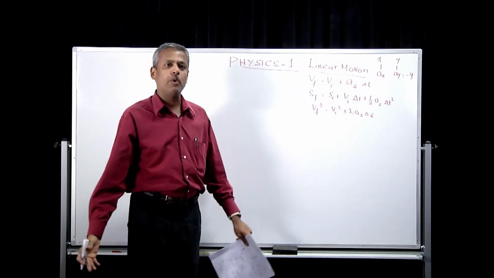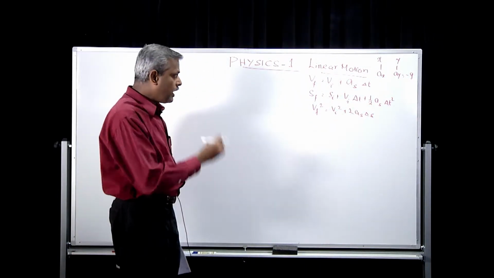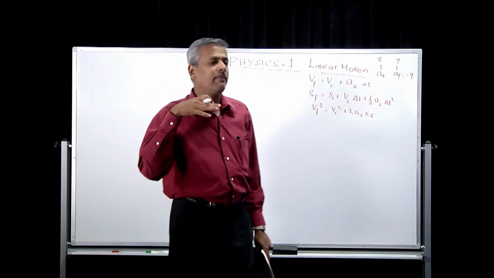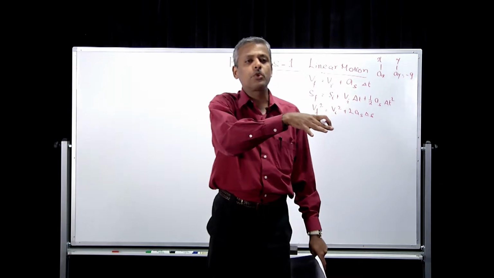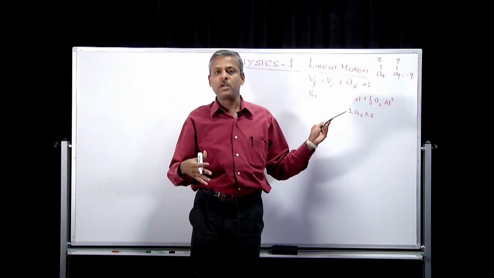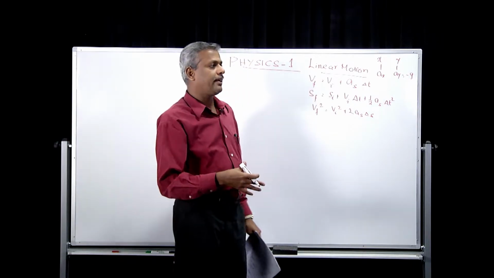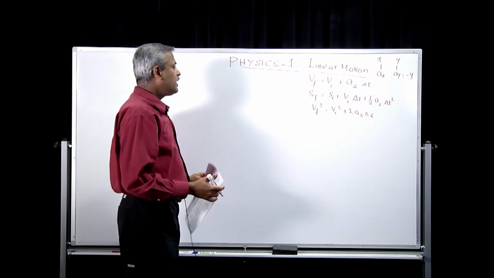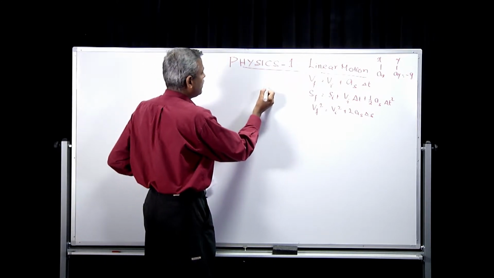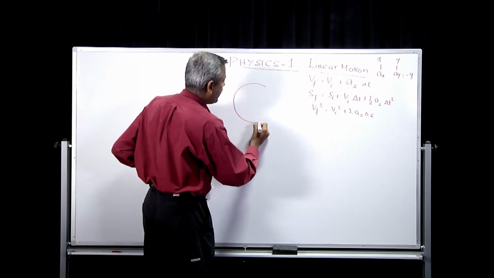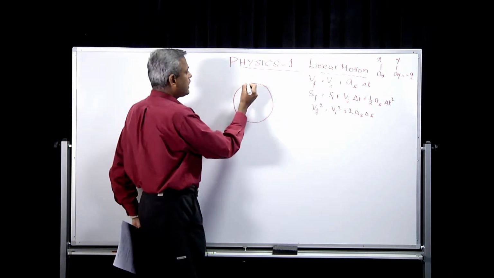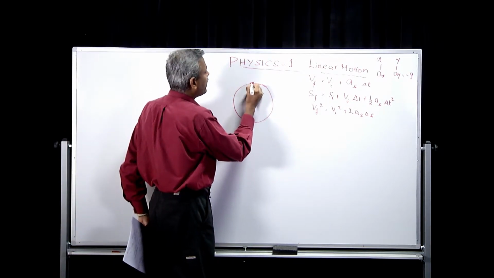Minus g is 9.8 meters per second squared. So, that is all, as long as you are on the highway just going north-south or east-west, you will be following these equations to get your velocity, acceleration, everything. How about circular motion? If you take a cartwheel or any object which is riding on a circle, you pick up any particle.